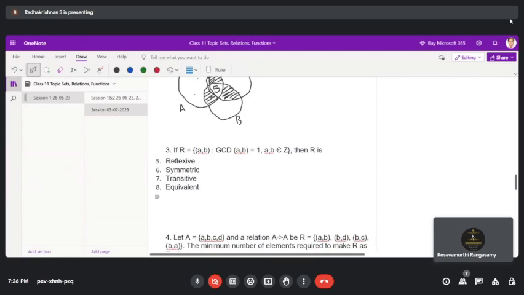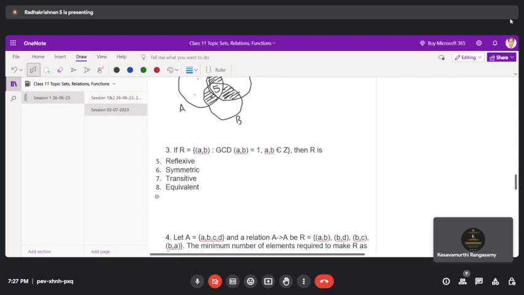But will 3 be mapped to 6? No, because the GCD of 3 and 6 is not 1, because there is a common factor which is 3. So GCD of 3 and 6 will be 3. Therefore 3 and 6 will not figure in the relation, whereas 3 and 4 will figure in the relation. So that is the definition of the relation.